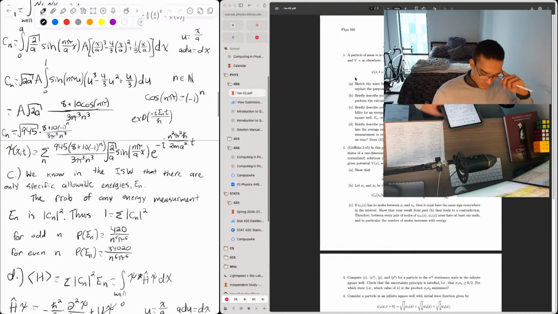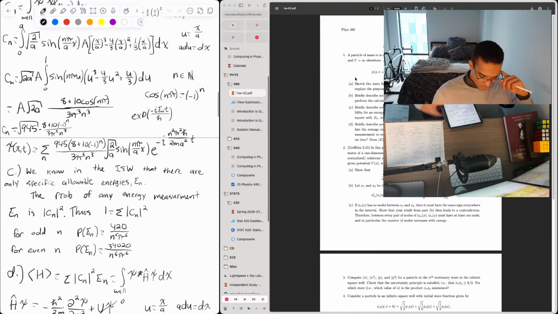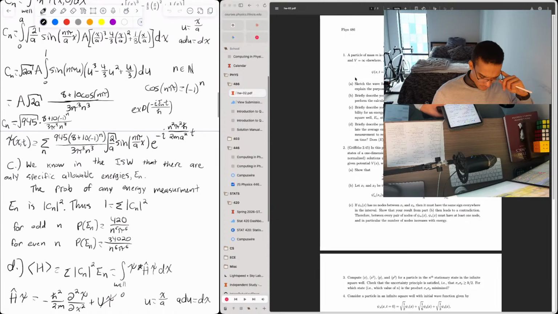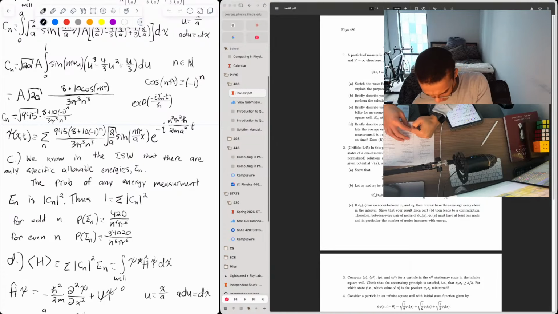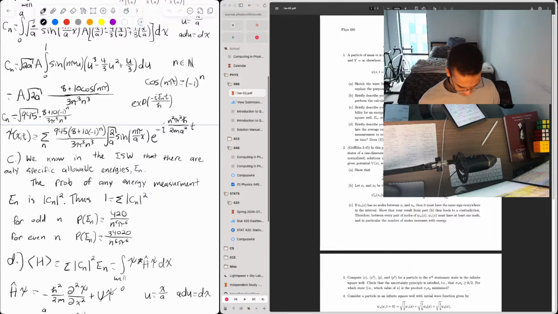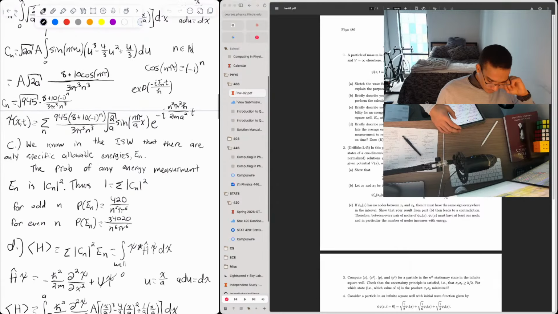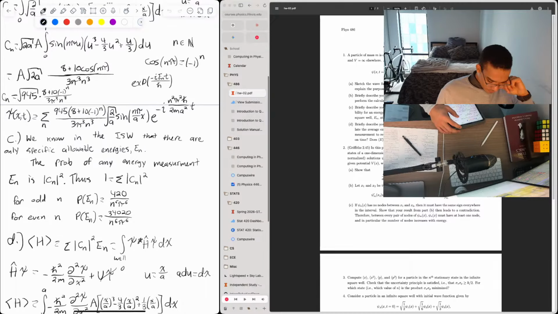So you need your C of n, and then you can take the opposite value squared. Oh, I see. I see.